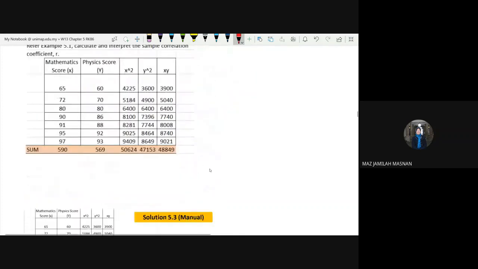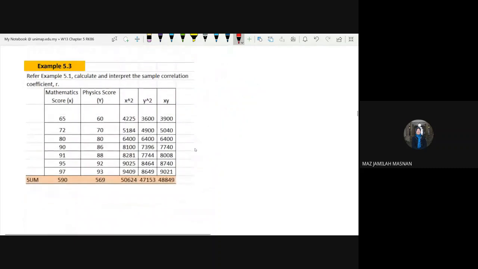Now let us look at example 5.3, on page 169. Refer to example 5.1, calculate and interpret the sample correlation coefficient.